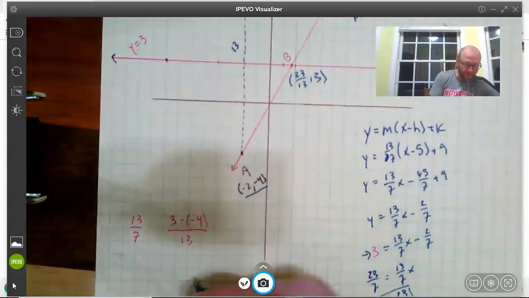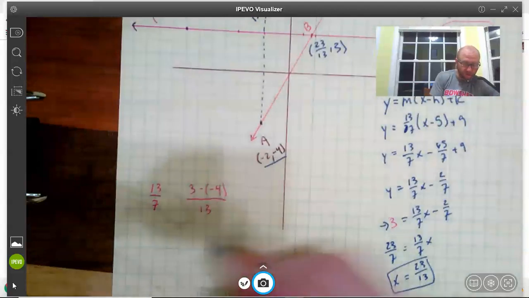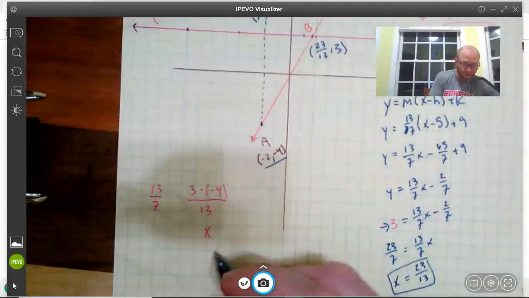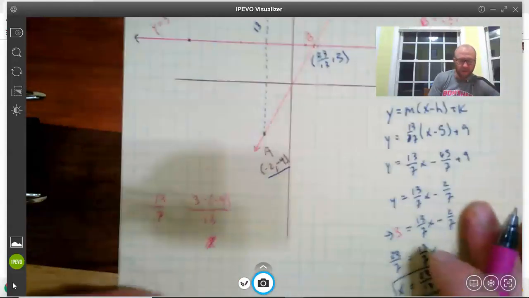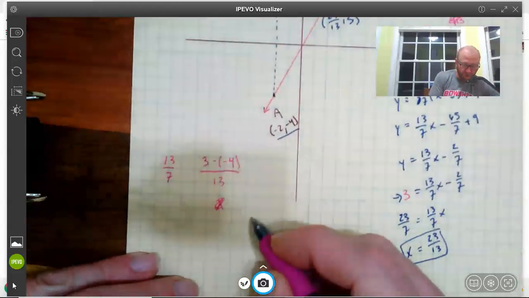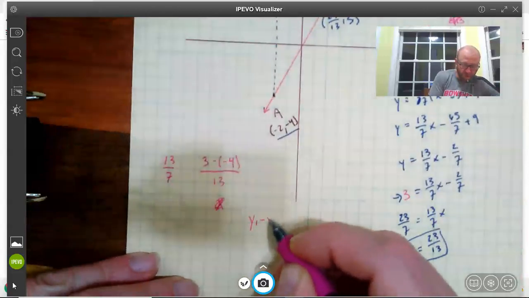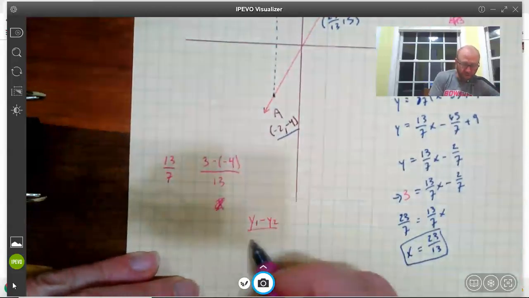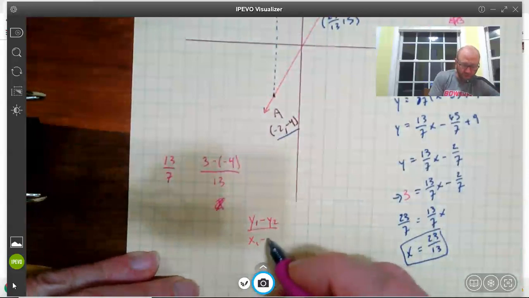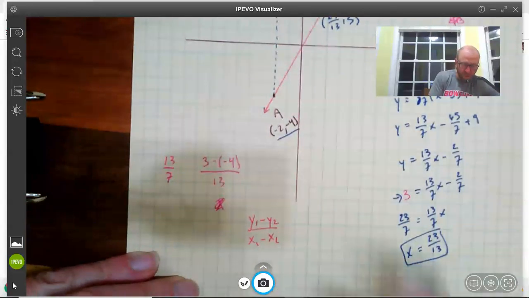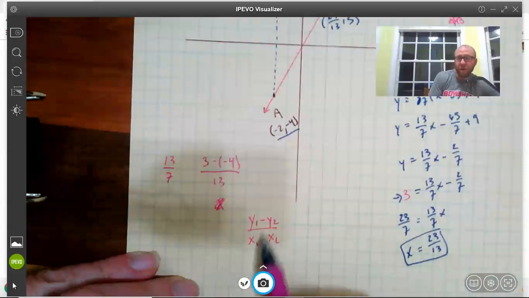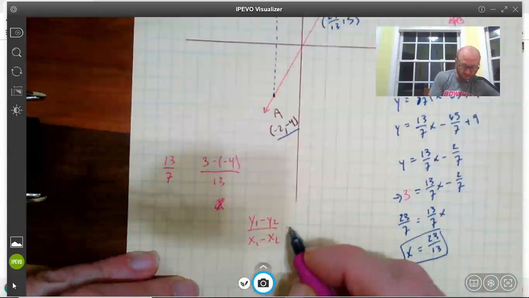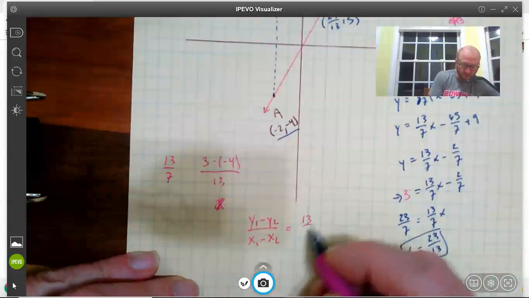So I could say that if I want to go, let me try to write this out. I'm going to run out of space here. Our slope formula is y sub 1 minus y sub 2 over x sub 1 minus x sub 2. So this is our change in y divided by our change in x, and we know this is going to be 13/7.